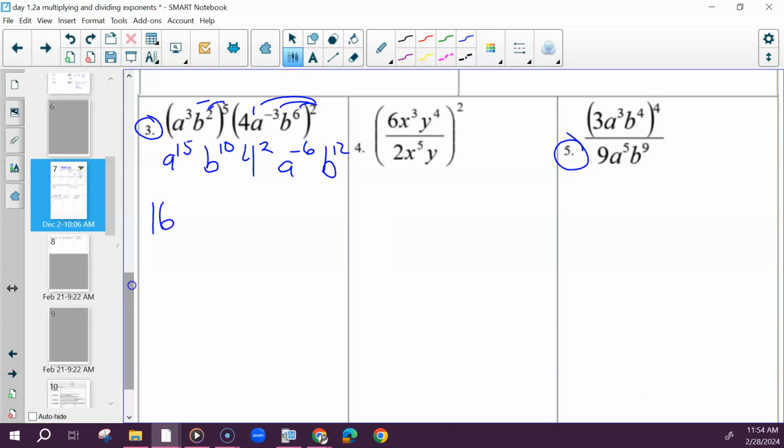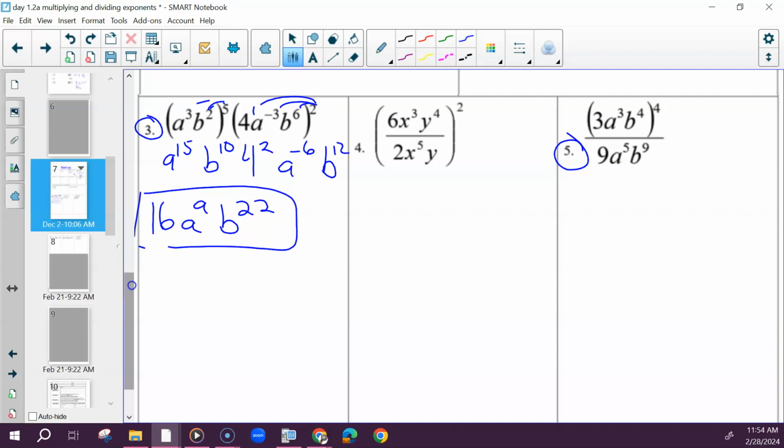Then what do we do here with the rest of everything else? Not distribute. Combine them by doing what? Adding the exponents. So 15 plus a negative 6, or 15 minus 6 would give us 9, a to the 9th, and then 10 plus 12, b to the 22nd. 16, a to the 9th, b to the 22nd.